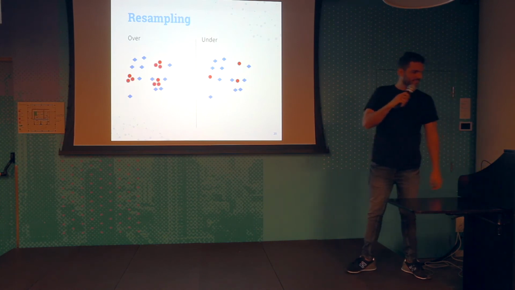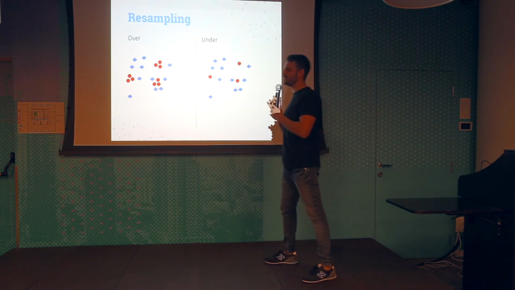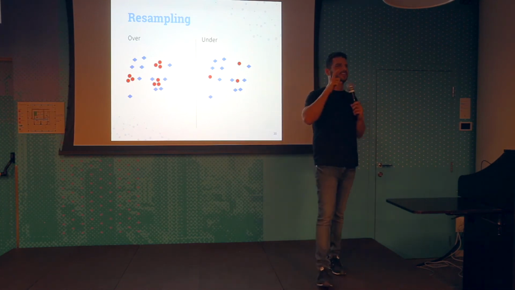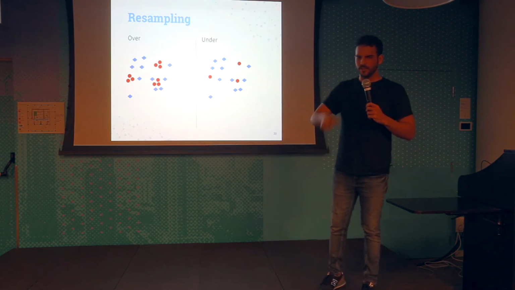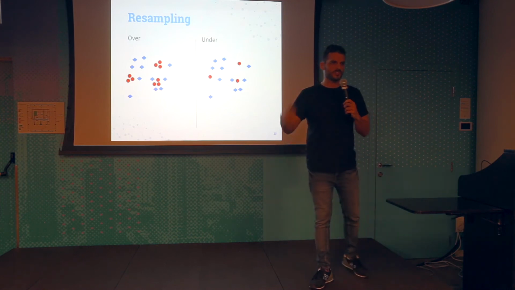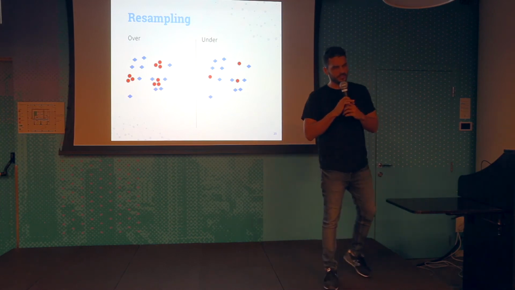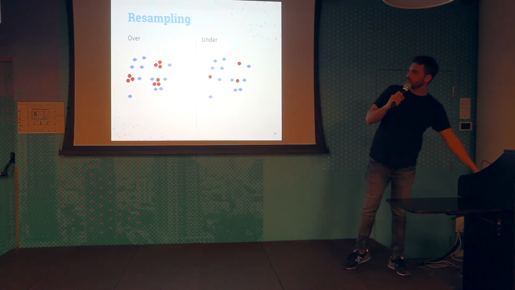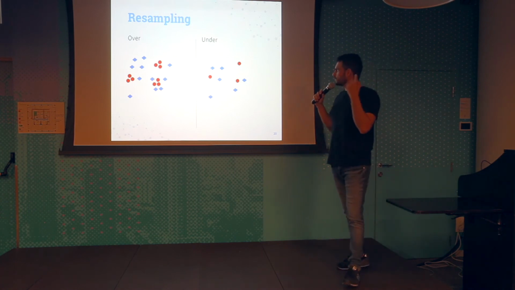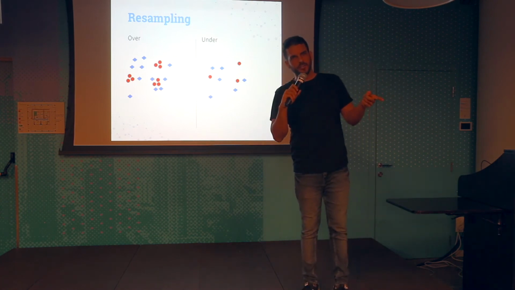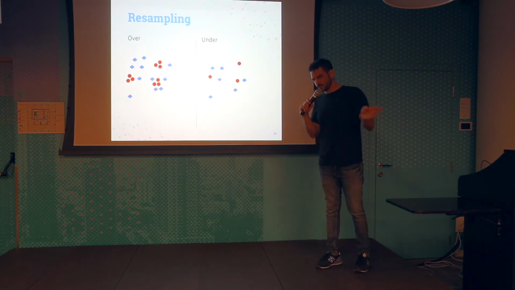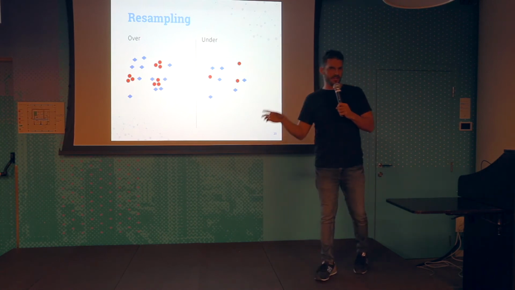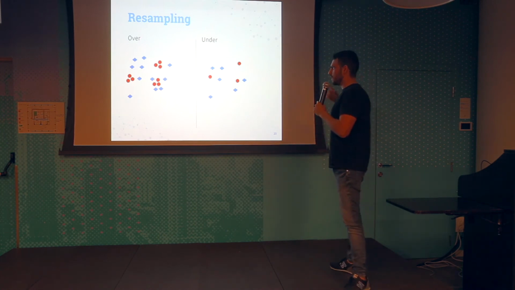What you do is you take the minority data points and you just multiply them. You just sample them over and over again until your data set is balanced. In random undersampling, you guessed it, you randomly select from the majority class, and you take the samples out until the data set is balanced.